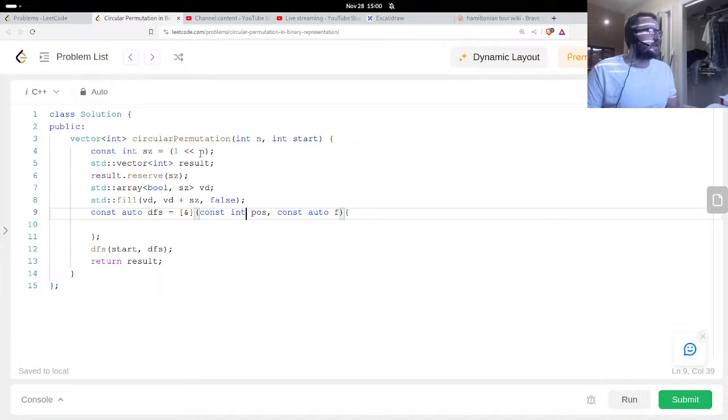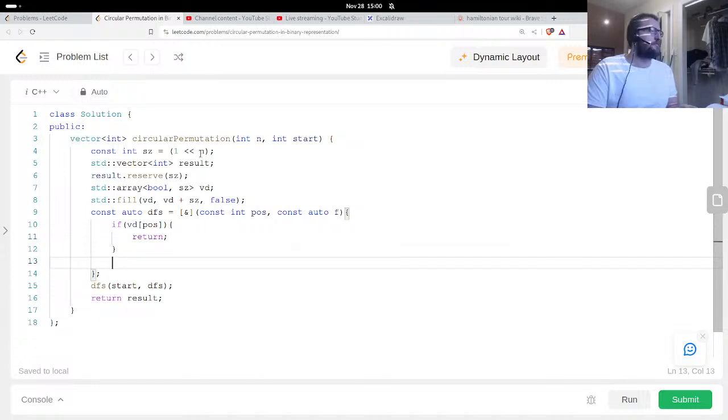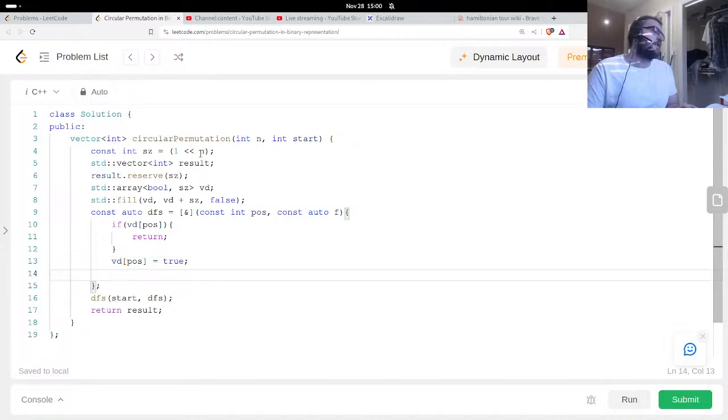And then start with, so if visited of position, then return, come back to that in a moment. Visited of position equals true. Visited of position is then false afterwards.